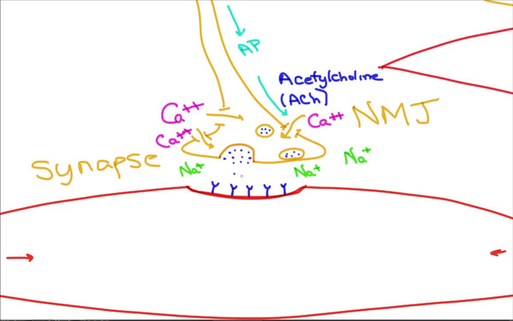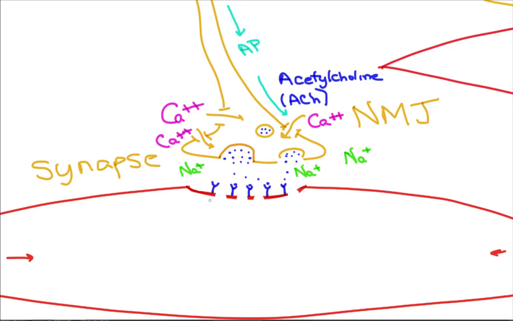And the acetylcholine will start to diffuse across the synapse. There's no membrane here holding it back anymore once we've fused together. So acetylcholine will start to diffuse across and will eventually bind to the acetylcholine receptors on the motor end plate. When that happens, these receptors will trigger gates to open in the plasma membrane of the muscle fiber.